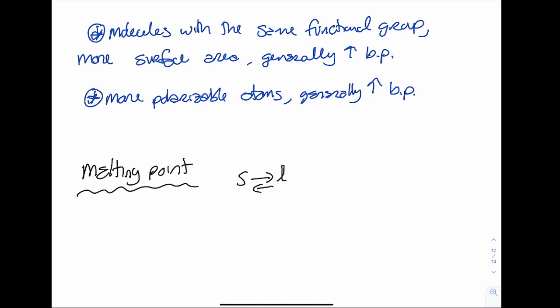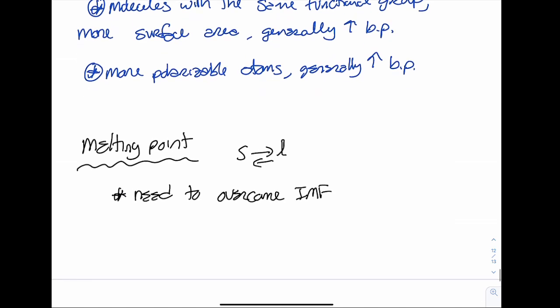And just like with going from a liquid to a gas, we're breaking intermolecular forces. So we need to overcome intermolecular forces. In solids, all of the neighboring particles have good connections to each other. In liquids, I have some connections, but not as many as I do in a solid.